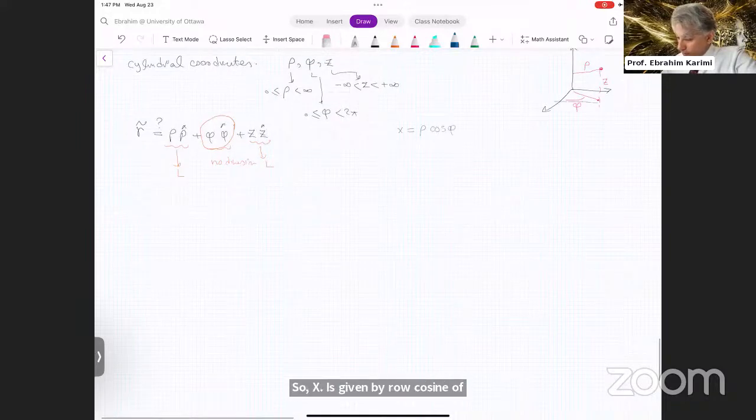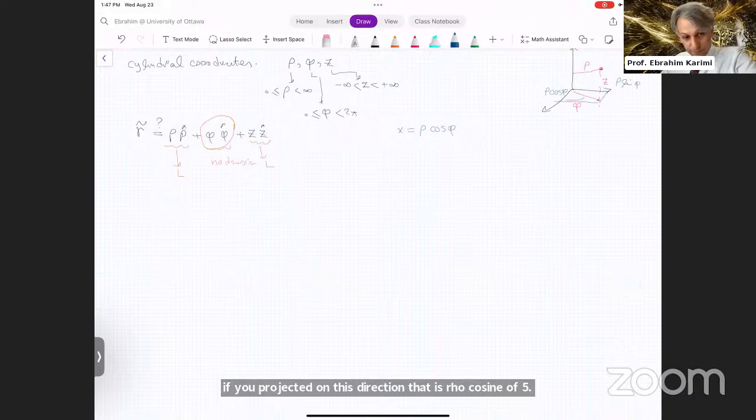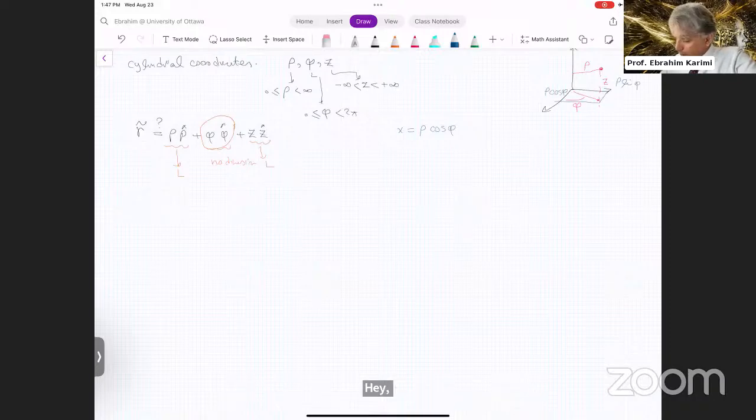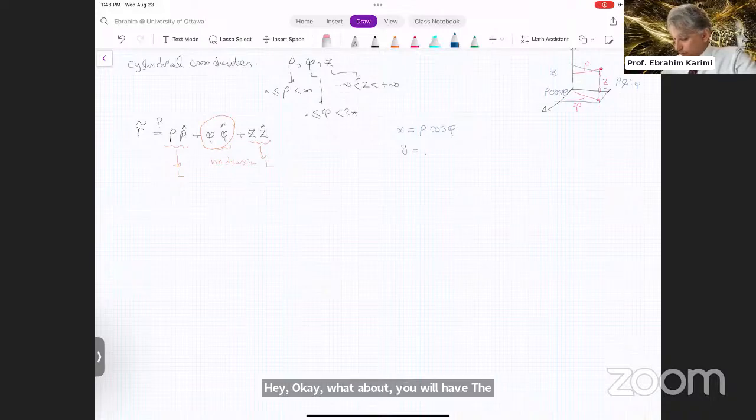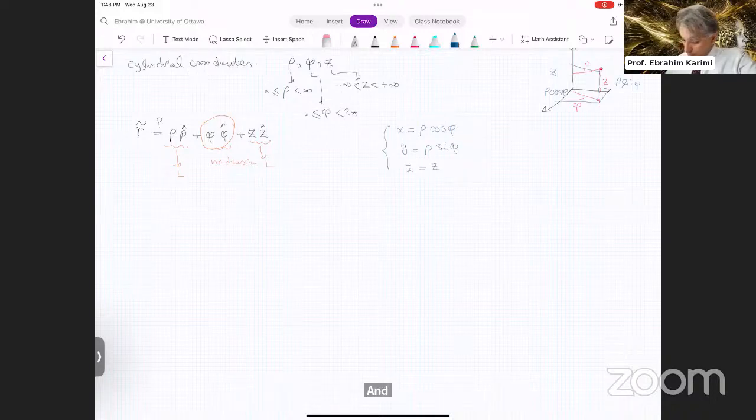If you project it on this direction, that is rho cosine of phi. y is rho sine of phi, and z is the same value z.